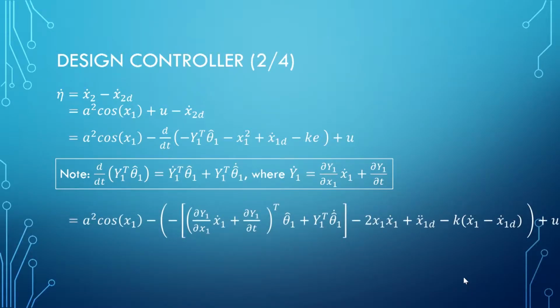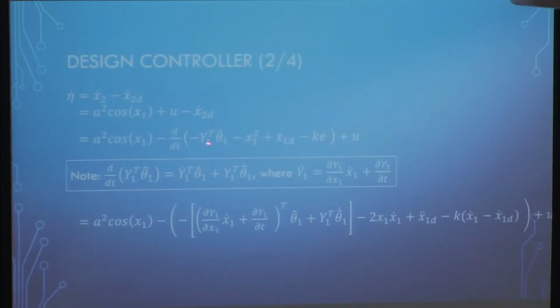Next, if we expand these terms, you will see that this part is from the time derivative of this. By using this note and substituting the result into here, you can split out y1 transpose and theta hat.